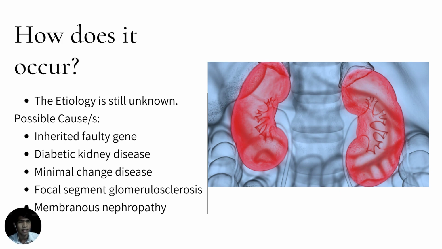It is said that nephrosis can be inherited by faulty genes, or familial, from our parents. Next, diabetic kidney disease can also contribute. Next are minimal change disease, focal segmental glomerulosclerosis, and membranous nephropathy.